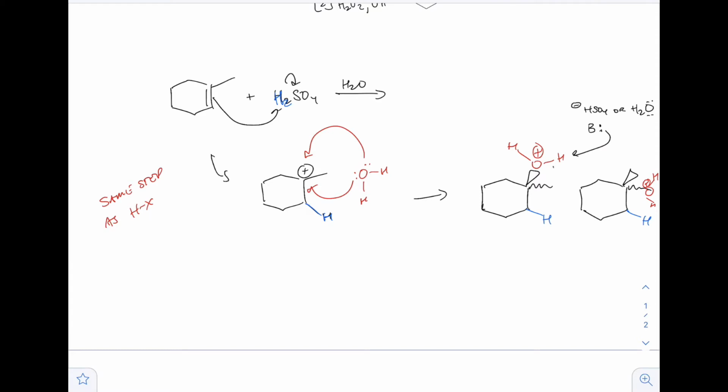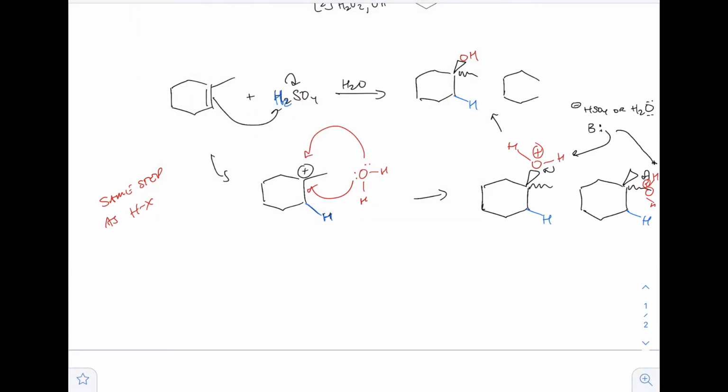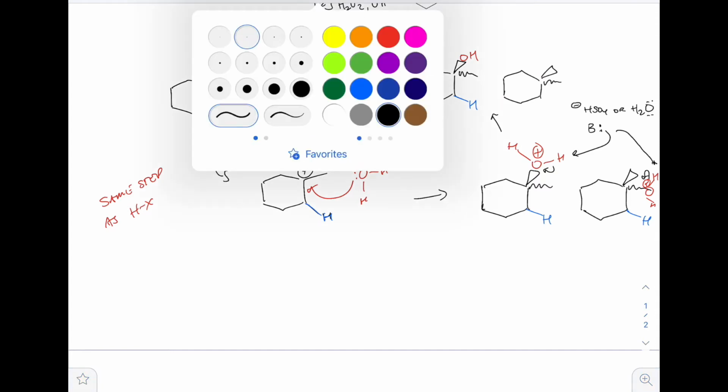Water is a much better base than hydrogen sulfate. So you remove that, you neutralize it, and you get your two different products. Notice the similarities not only in the mechanism but also in the products. We have syn and anti addition of that new nucleophile OH, giving us these two different products here.